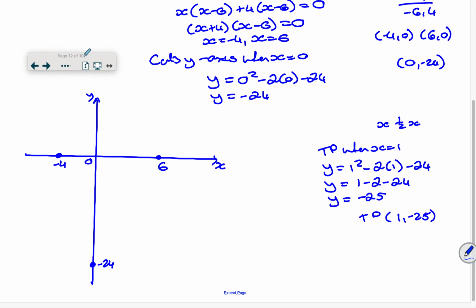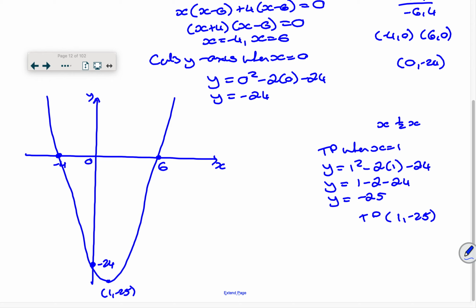Okay, so let's just put that in there. Very, very not drawn to scale, but you get the idea. And then let's just sketch it. So it comes down here, turns, and then goes back up.